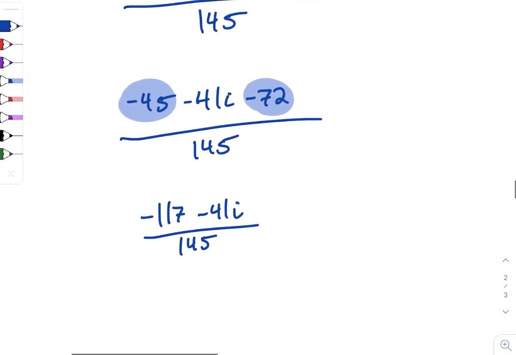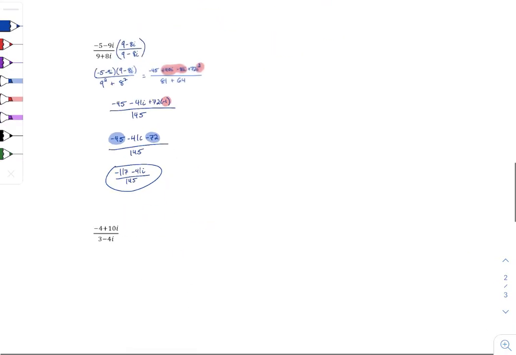Forgot the i there for a second. Negative 117 minus 41i over 145. And again, I want to see if negative 117, negative 41, and 145 had any common factors. In this case, they do not, so that is our answer.